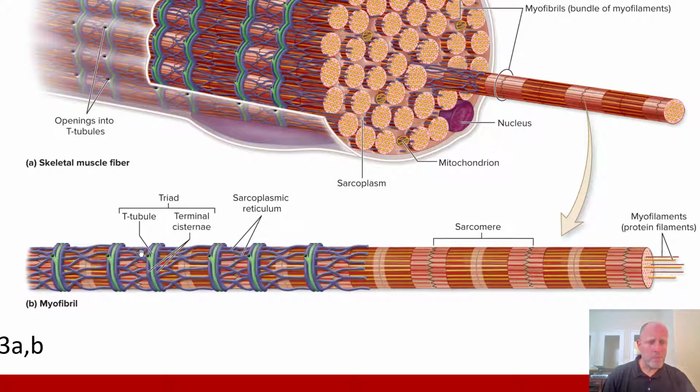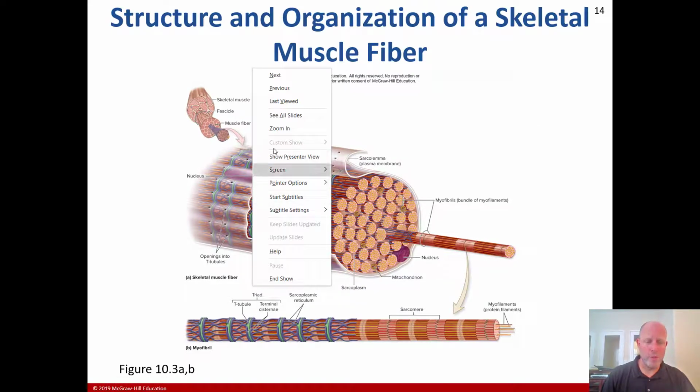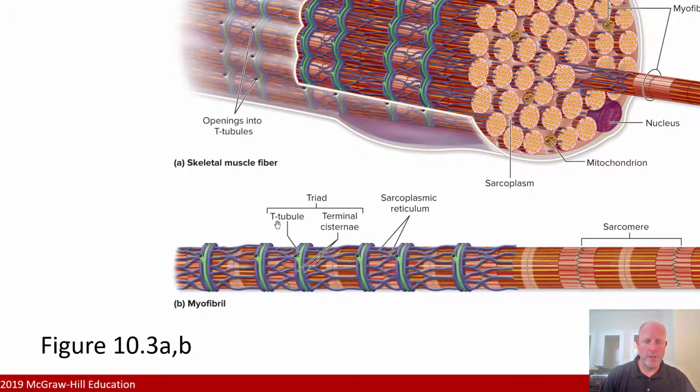We have our T-tubules here, and in between, our terminal cisternae on either side, our sarcoplasmic reticulum on the outside, and each individual sarcomere is shown here, these little separating lines, which we'll talk about in a little bit. Then we have our myofilaments, our protein filaments, which would be internal. And the triad, of course, refers to the T-tubule and terminal cisternae.